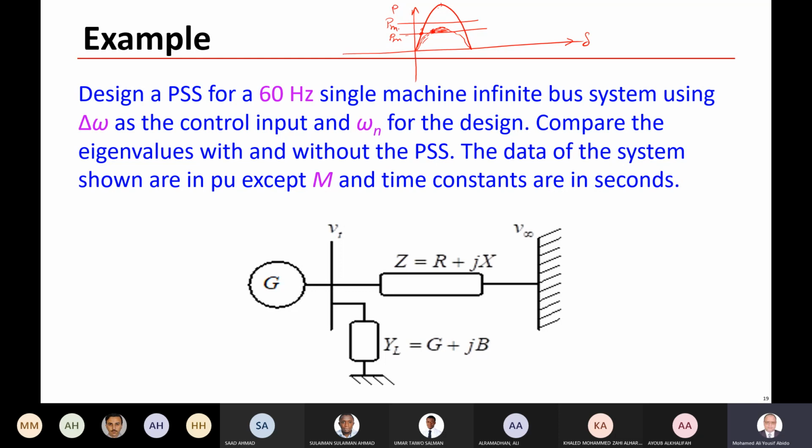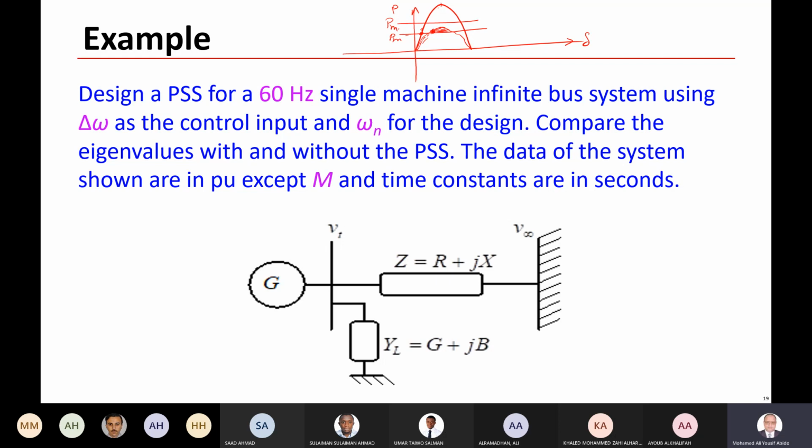But definitely, if this is the case, you need to act. But of course, I don't know in this case, do you have some operational solution, or do you need to go for a planning solution? For a planning solution, you need to add an additional line. You need to add series capacitor or FACTS devices in order to improve the system stability.